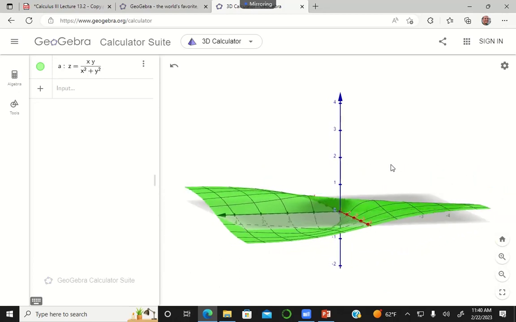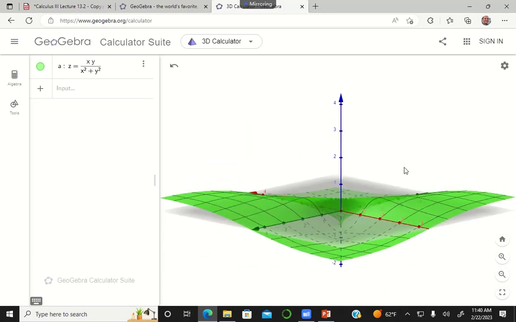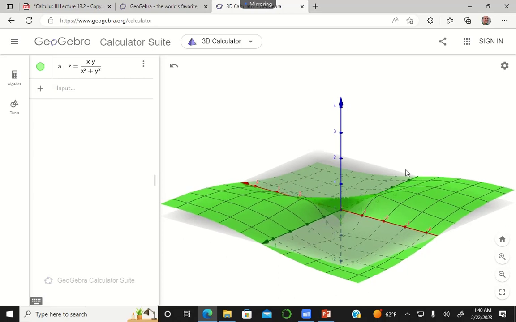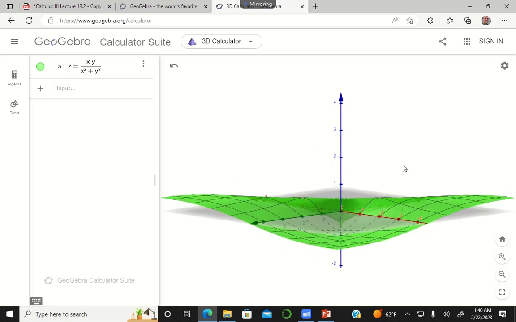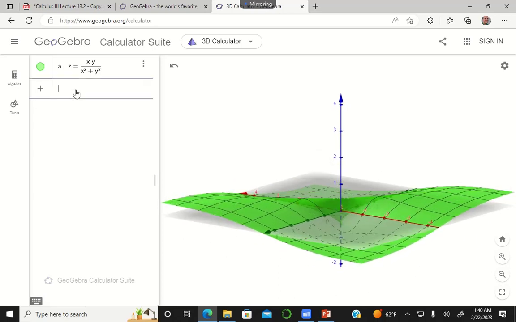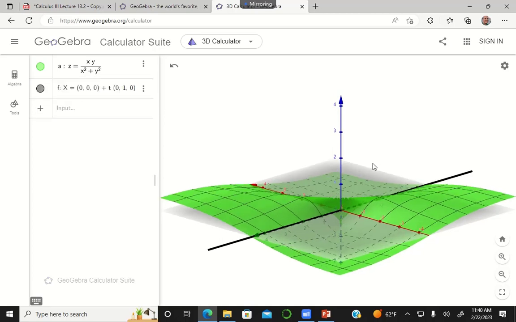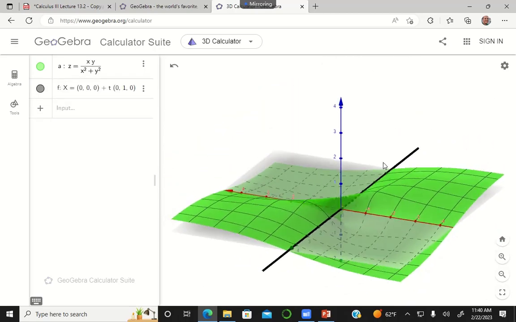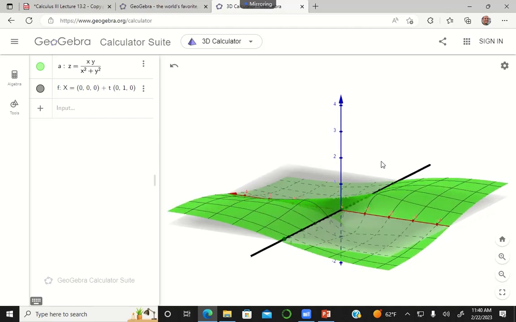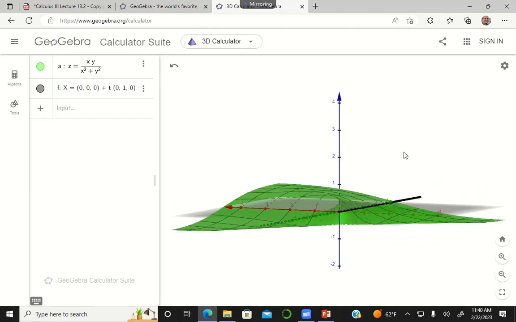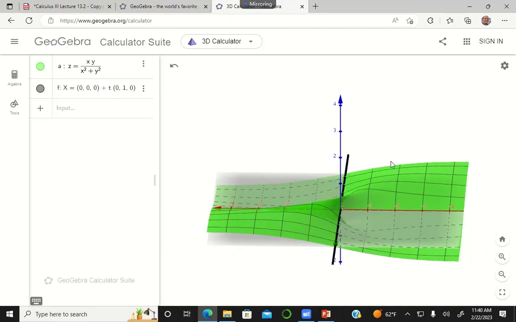But let's talk about the first trace that we took. We took x equals 0 first. And whenever x was equal to 0, the limit was 0. So it's like if we were traveling along this black line that I added. Do you see how the black line actually coincides with the green surface everywhere?